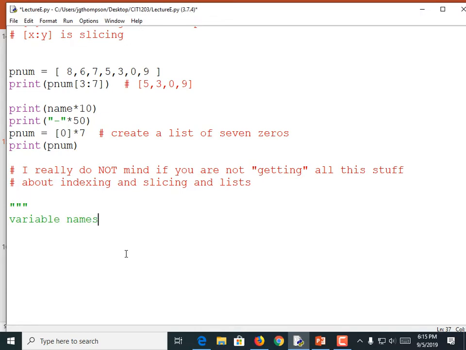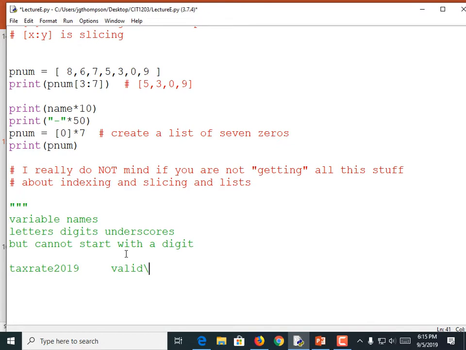Variable names, they can be letters, digits, underscores, but cannot start with a digit. That's the only rule. So, tax rate 2019 is totally valid. That's a good variable name.